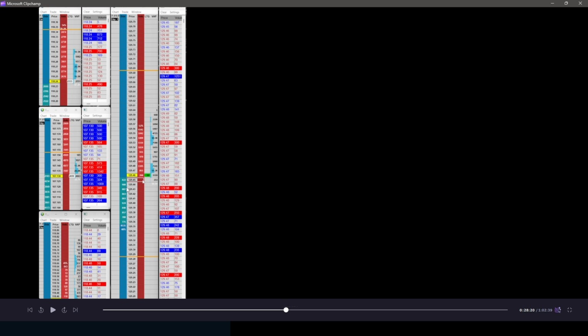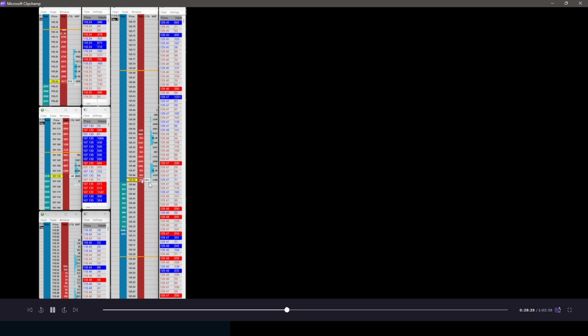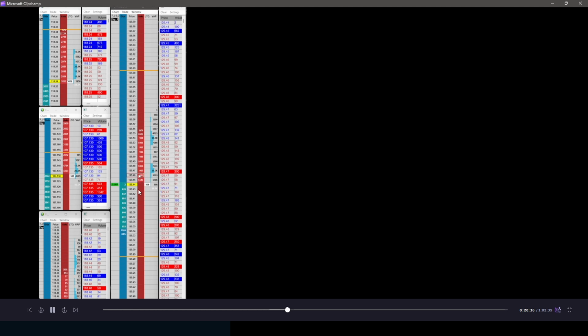So 900 contracts were sitting at 44s. Now you want to look how this market reacts on this. Okay, just quickly traded into it. Those 900 were pulled.